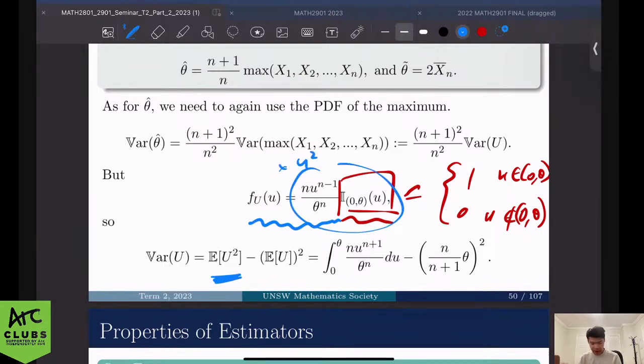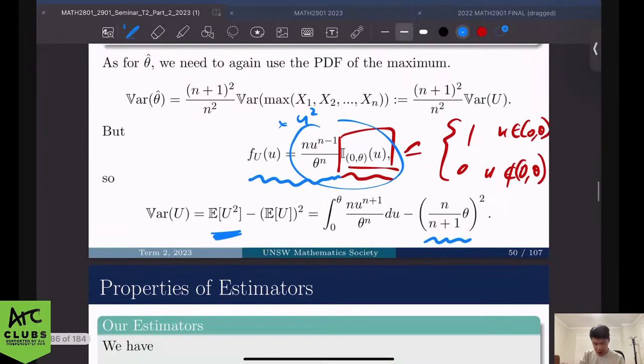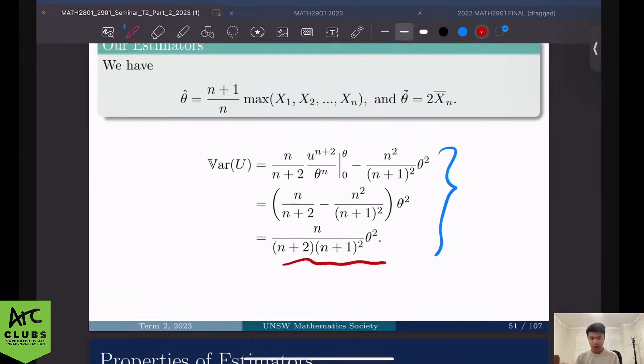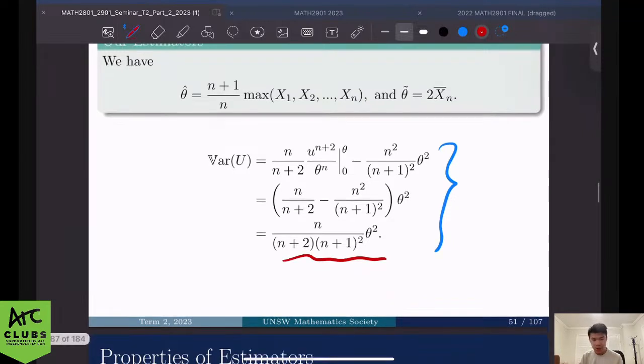And then we've already calculated this before. It's equal to n on n plus 1 times theta. Basically, both of these are just integrals. You just do them, and you get something that looks kind of gross, right? It's just another massive fraction. So you can do that, and then the final step is just to compare the two variances.